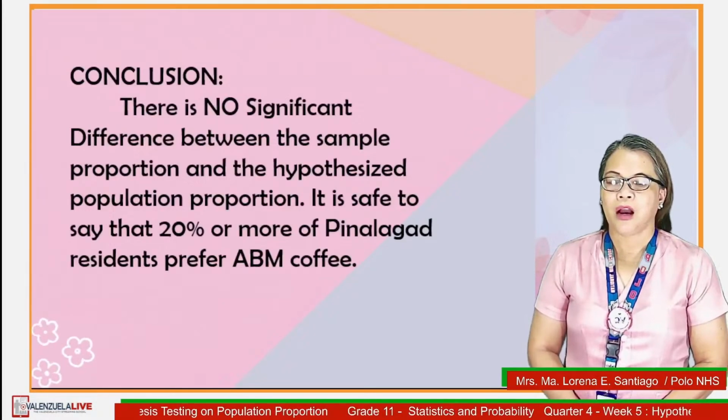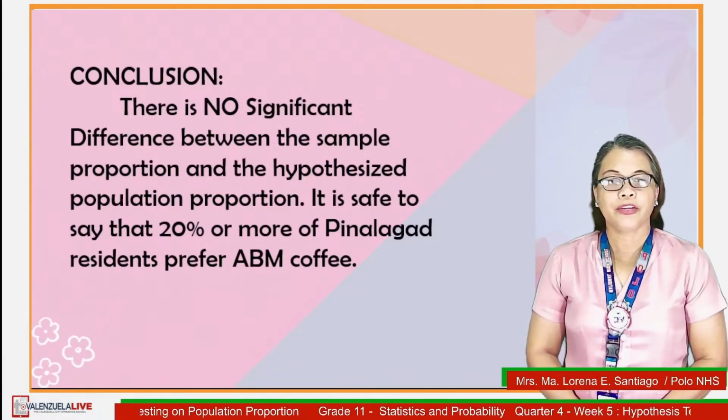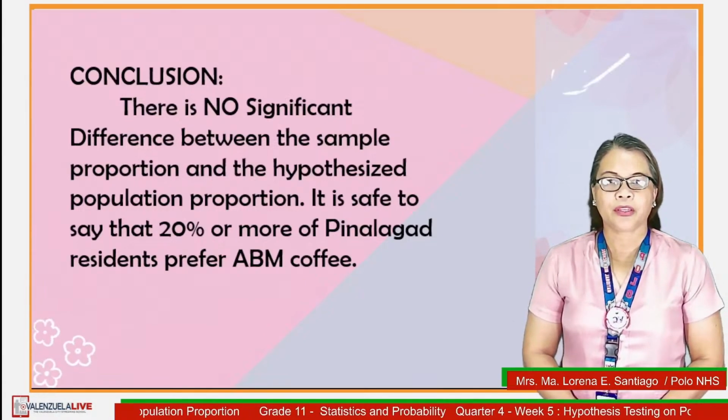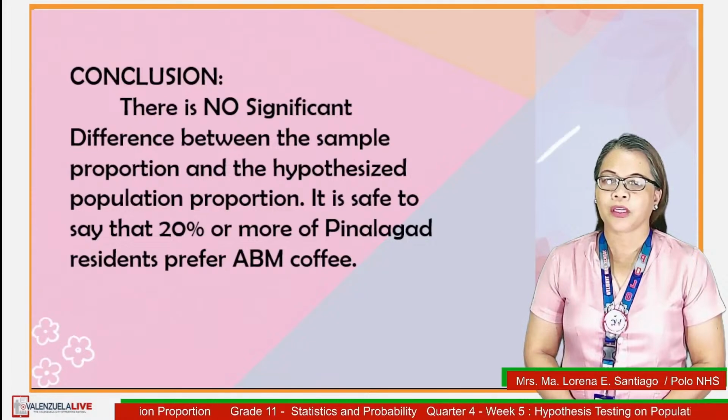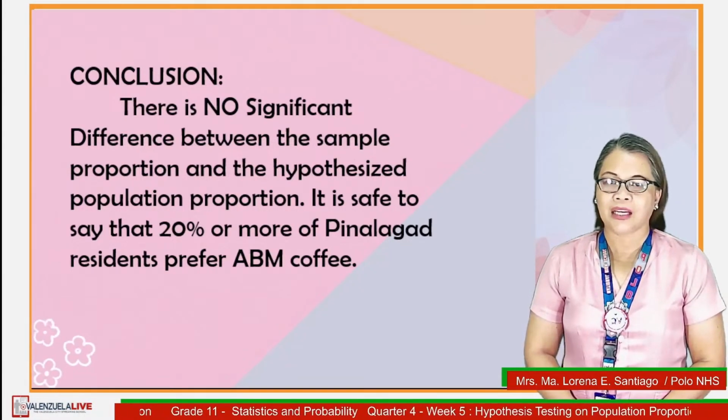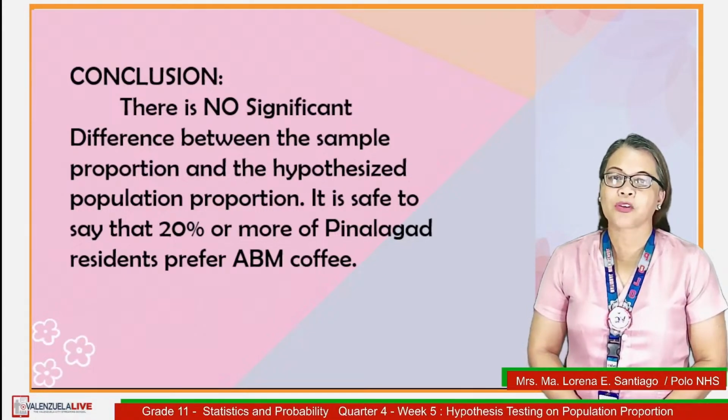Which means our conclusion would be there is no significant difference between the sample proportion and the hypothesized population proportion. It is now safe to say that 20% or more of Pinalagan residents prefer ABM coffee.